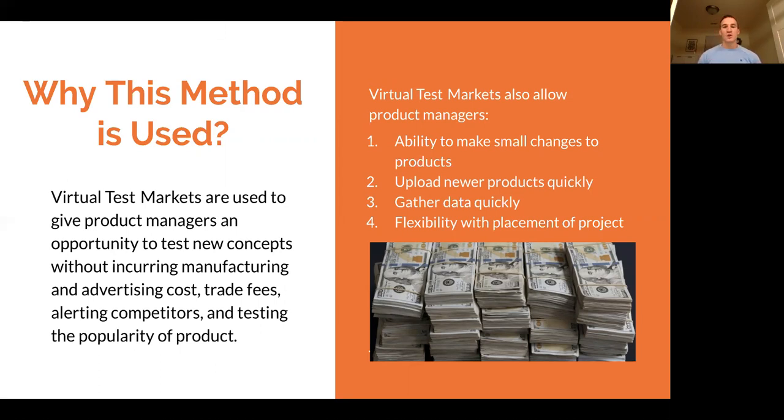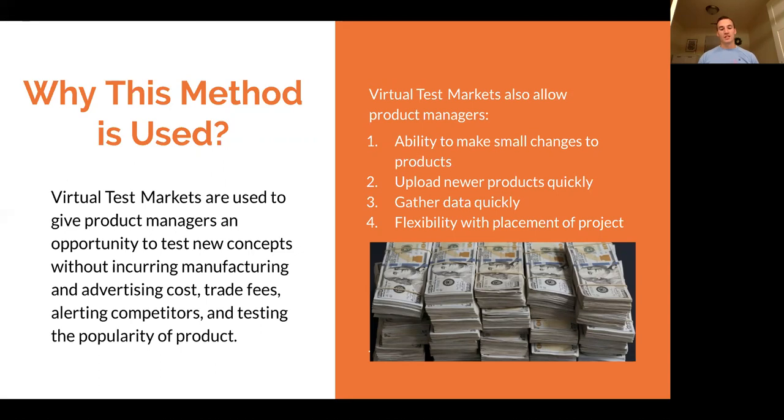Virtual test markets also allow product managers to make very small changes to their product. In a real-life experiment, to make one small change, they would have to discontinue the product that's already out there, build it into the new inventory, and then relaunch the product. It takes a long time.